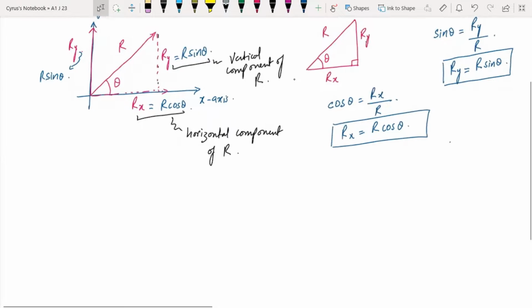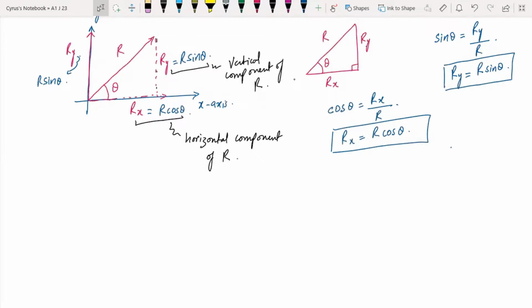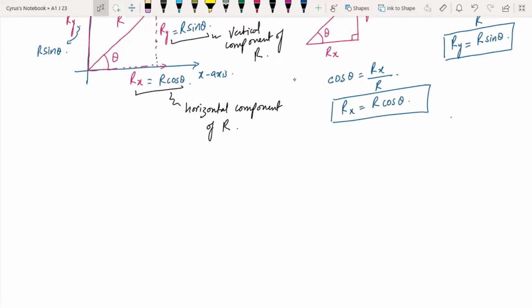And I'm also going to tell you here that, for example, I have a vector here, if this angle was theta, and for example this component was fx, this component was fy, right?